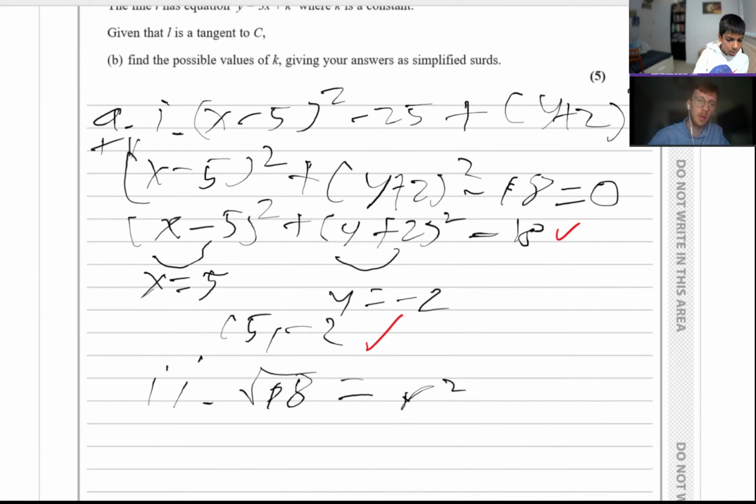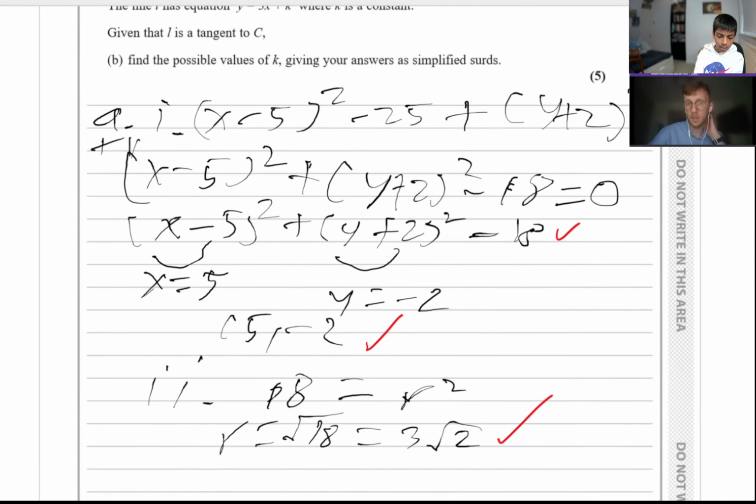If you can't remember, the equation of a circle is x minus a squared plus y minus b squared equals r squared, where the centre is (a, b) and the radius is r. So r is root 18, and 18 is 2 times 9, and 9 is 3 squared, so the square root of 3 squared is just 3, so it's 3 root 2. Perfect, well done.